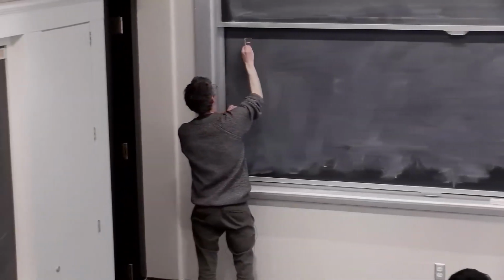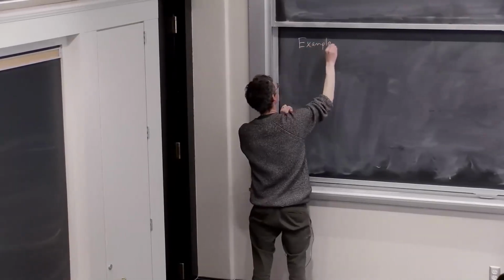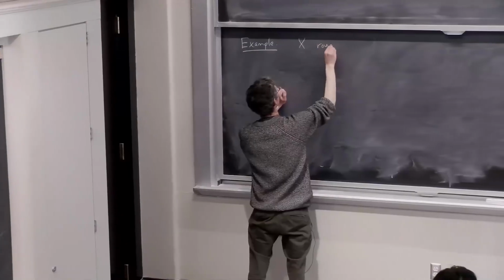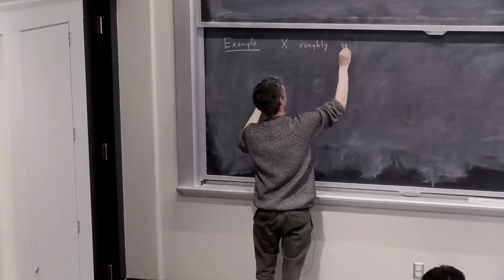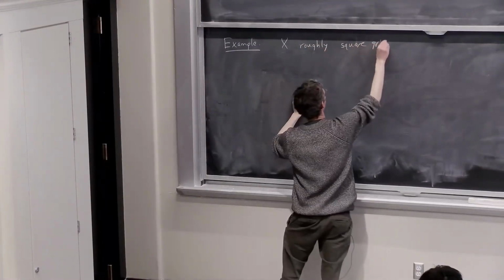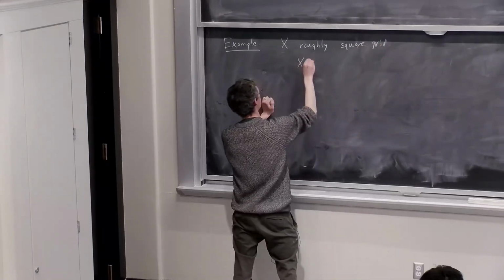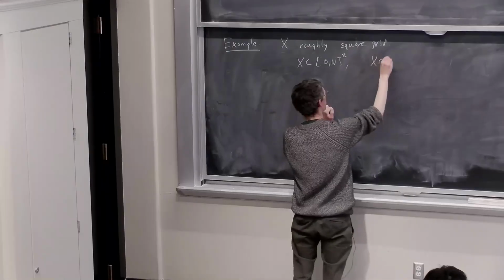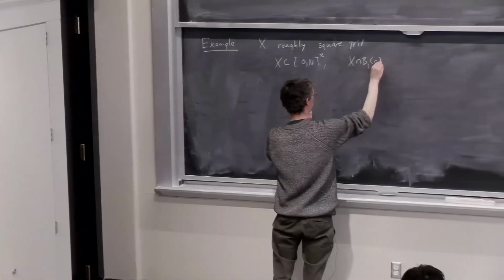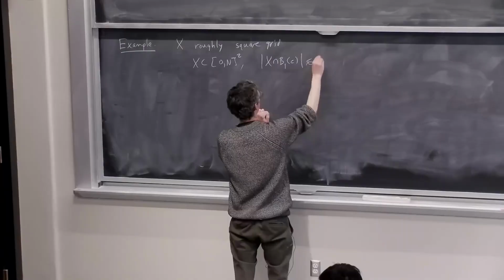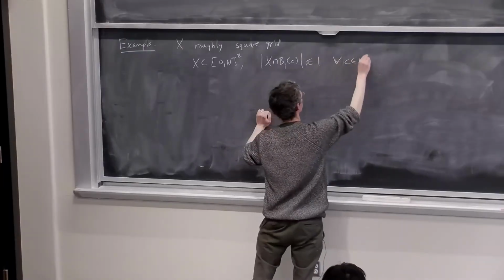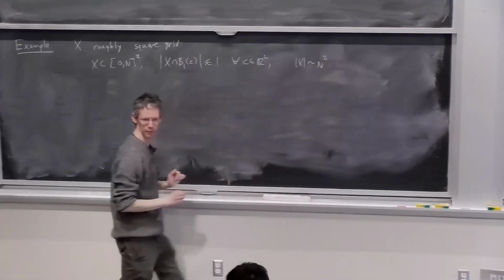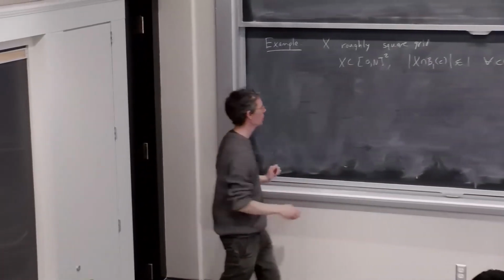So here's an example: X is roughly a square grid. Let me make that more precise. Let's say X is contained in [0,n]^2, and X intersected with a unit ball around any center is small. And let's say that there are around n squared points in X. So what does this X look like?